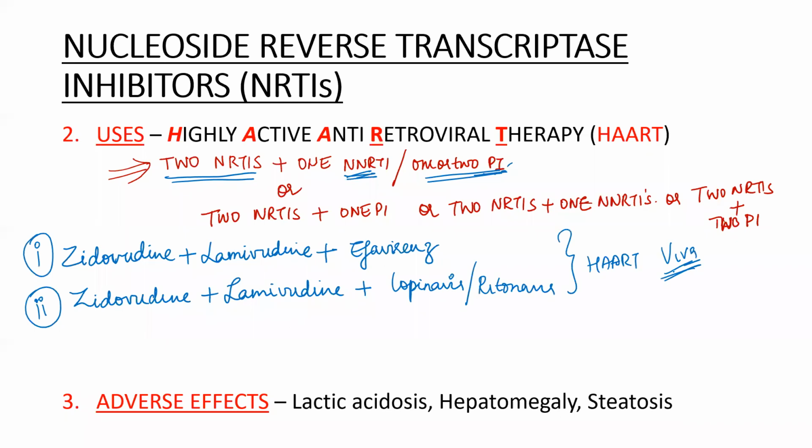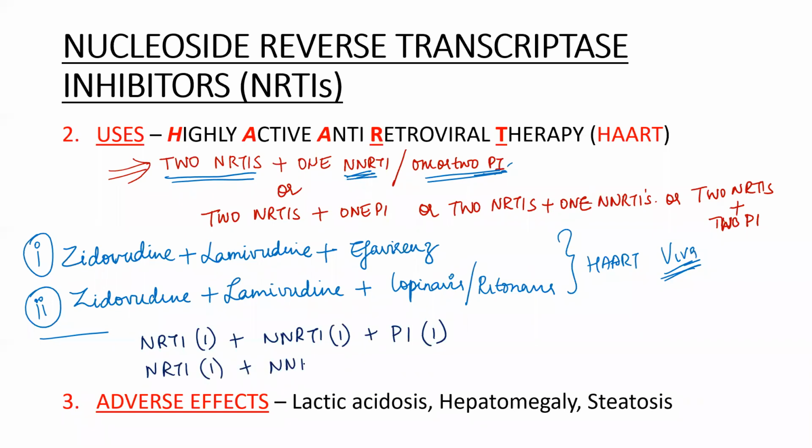Now we have got other alternate regimens also, and let me write that in another color, and in that you include one of each, or one of NRTI, one of NNRTI, plus 2 of protease inhibitors.